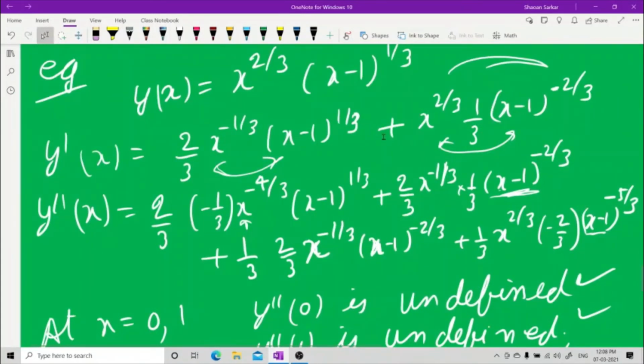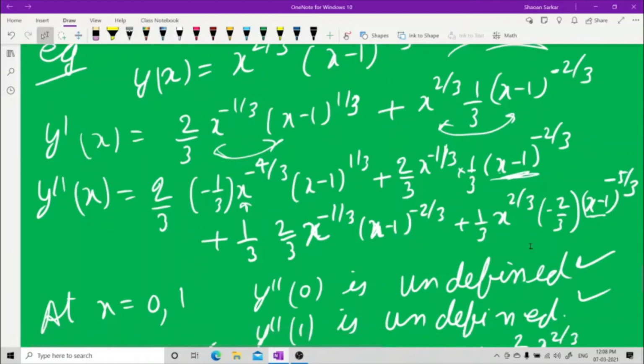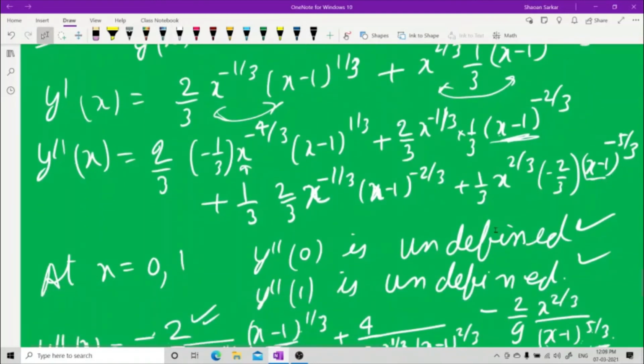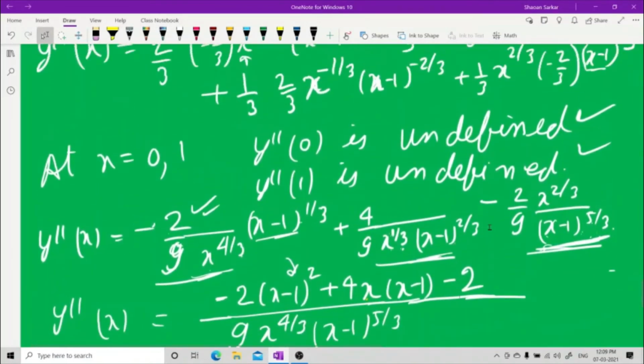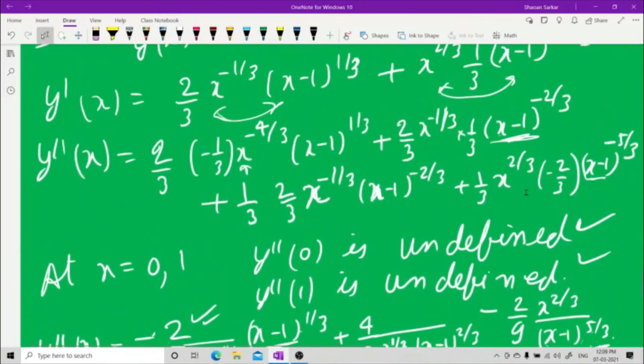Now x 2 by 3, 1 by 3 minus 2 by 3. Now you're trying to differentiate this part. This part is 2 by 3. Okay, so 1 by 3 is here. This part you are differentiating. This part has been differentiated. This 1 by 3 has come here. 2 by 3 minus this 1 by 3, x 2 by 3 minus 2 by 3, x minus 5 by 3. So x minus 5 by 3. So okay, no problem.